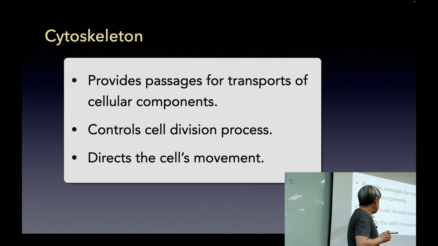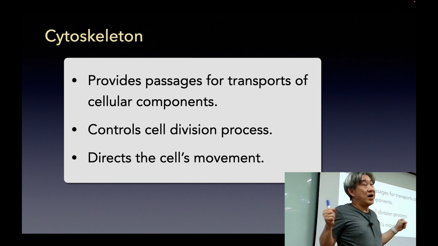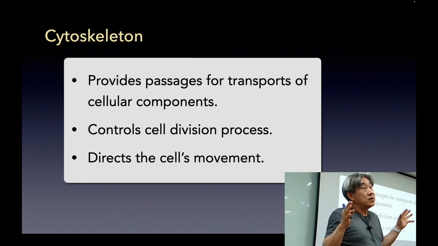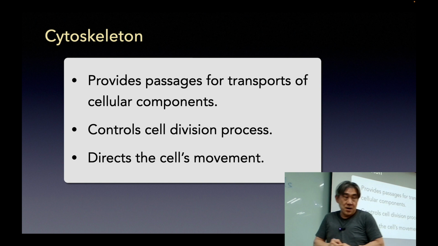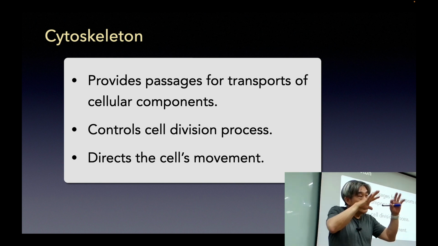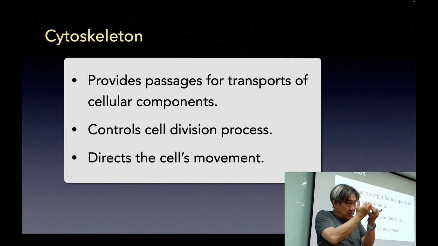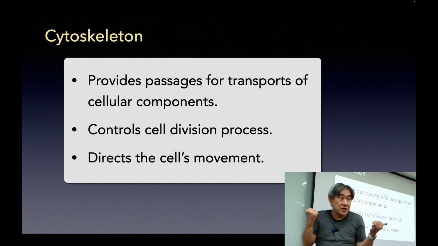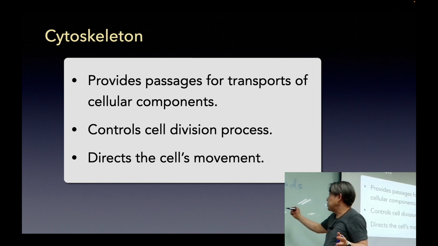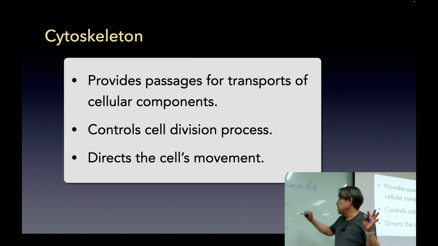It also controls cell division. When the cell is about to divide, the chromosomes have to separate. Especially in the case of an animal cell, the two cells must be squeezed to separate them physically. So in that way, how can we describe their function? What do you think? Rope.